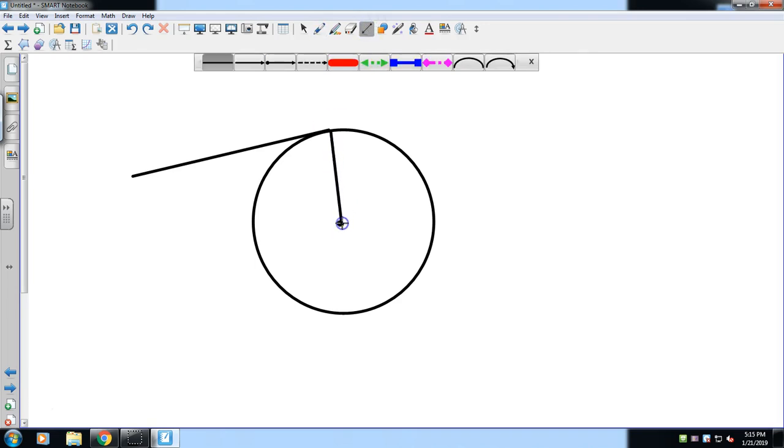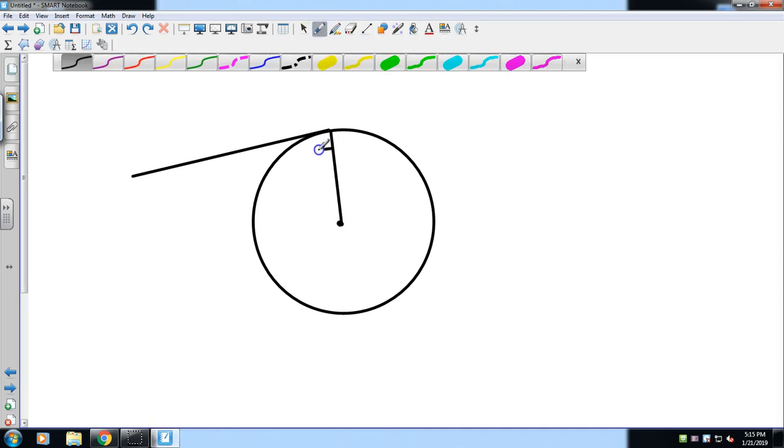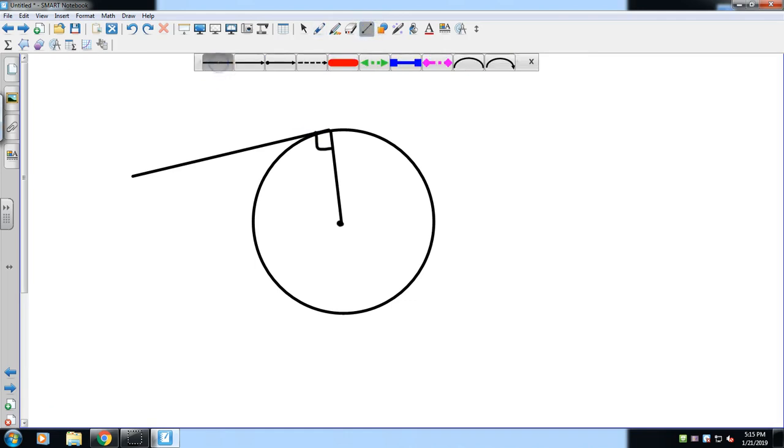A tangent creates a 90-degree angle with a radius or a diameter, either one. And so what they're going to use that for in this chapter is maybe trying to find the radius length. And so let's say that this is 35.